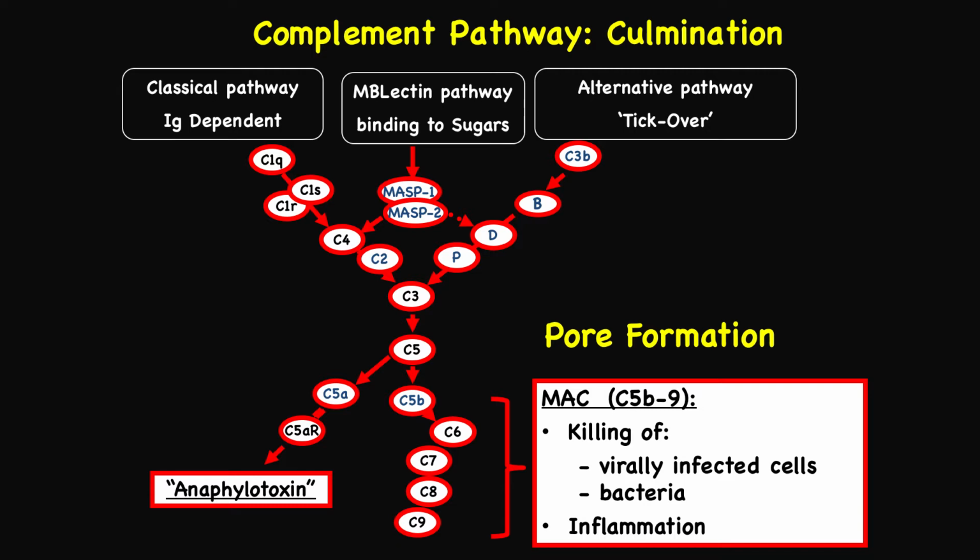And then finally, the last pathway is the alternative pathway, which can be activated when C3 is activated either by the mannose binding lectin or the classical pathway. And we call that the alternative pathway, and it leads to cleavage of C5a. C5a binds to the C5a receptor, and that has powerful anaphylatoxic activity.